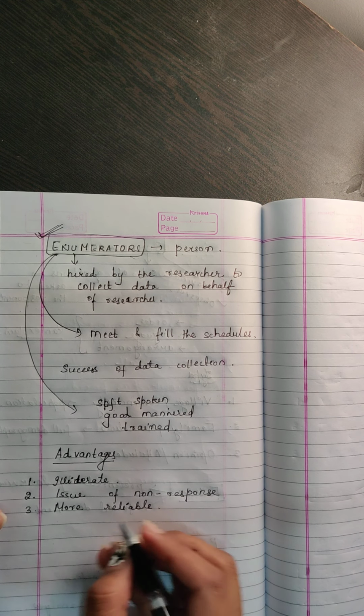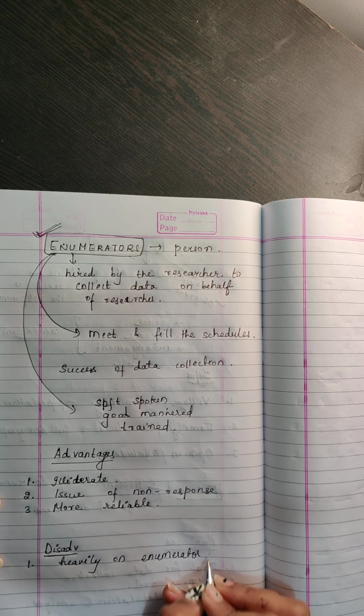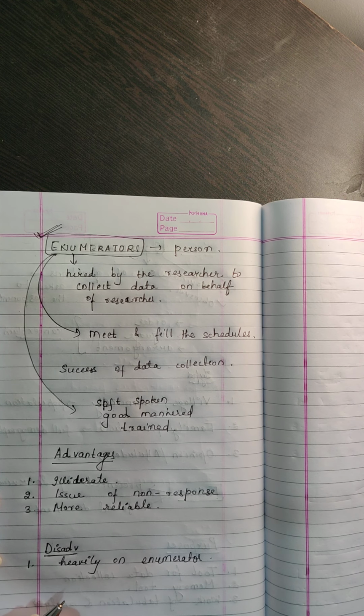Now, let's see what are the disadvantages of this method. The first disadvantage is that it is heavily dependent on the enumerator. If the enumerator is not efficient or is not unbiased, then the entire process is a waste.